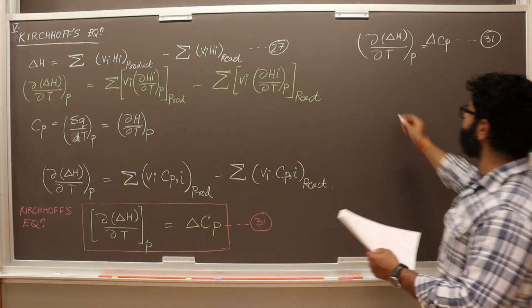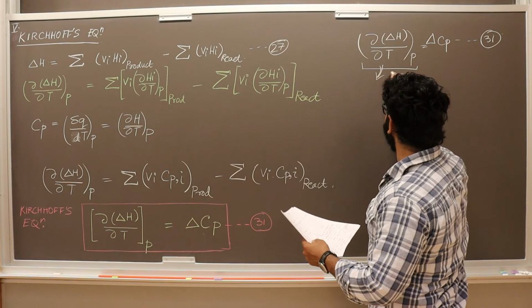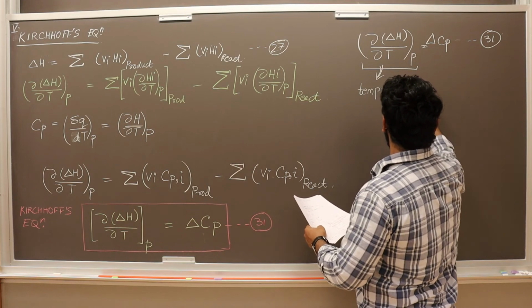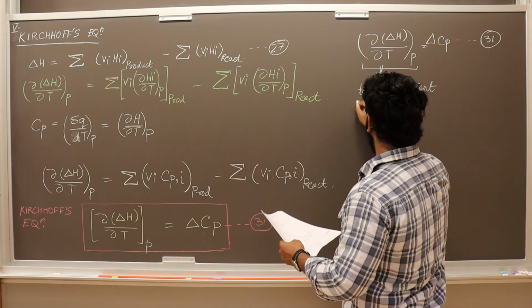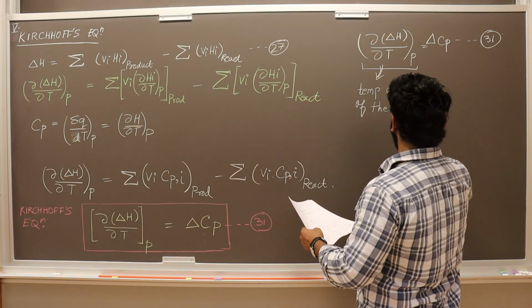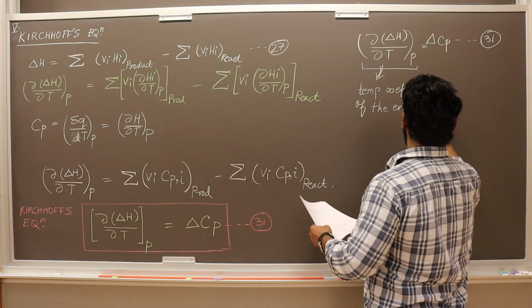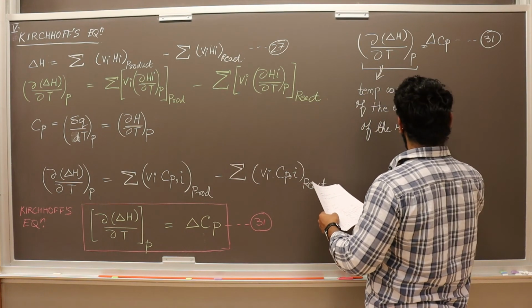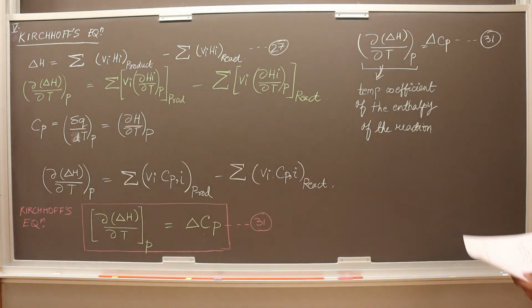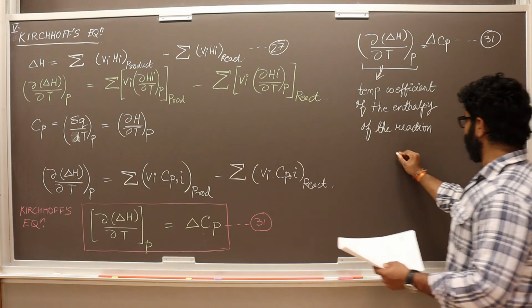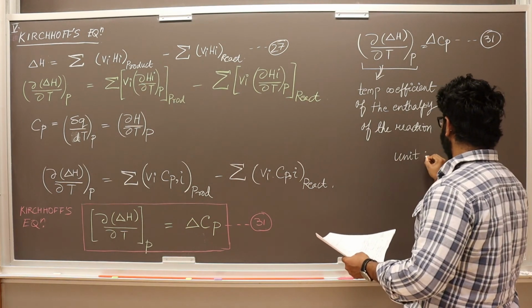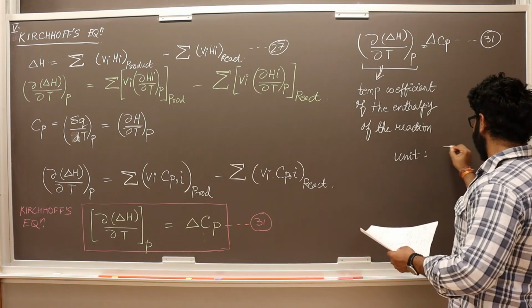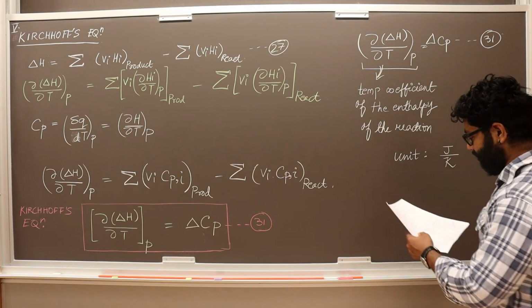So this is basically the temperature coefficient of the enthalpy of the reaction. And what will be its unit? The unit will be the same as the unit of Cp. So this is basically heat by temperature, so joules per Kelvin.